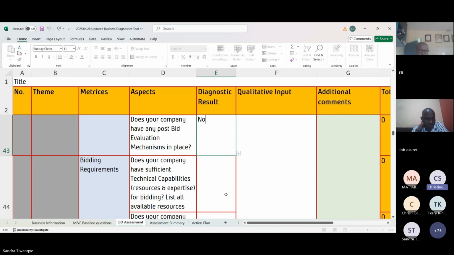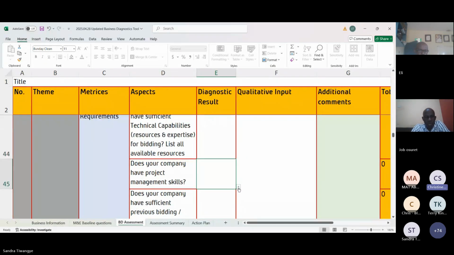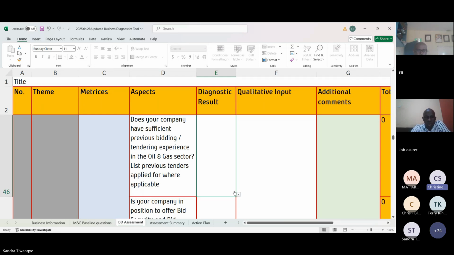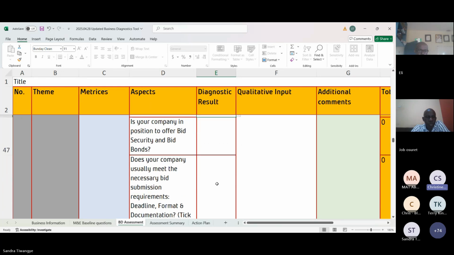If any of the two apply, click yes. If not, no. Then if you have any previous bidding experience, we are aware that in the first sheet, you could have outlined a number of tenders you've won. So for purposes of the assessment, just click yes or no. You don't have to fill out which tenders you won again. Just let us know if you have some bidding experience in the sector.